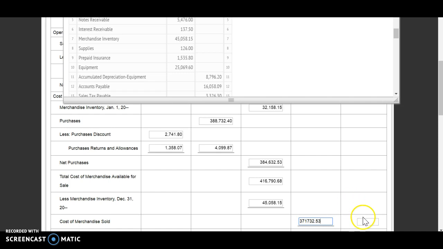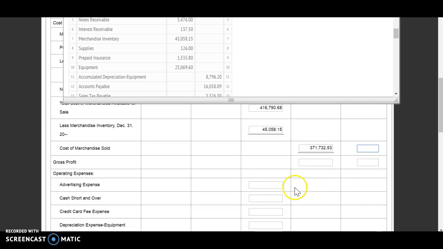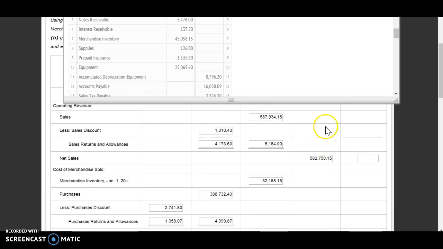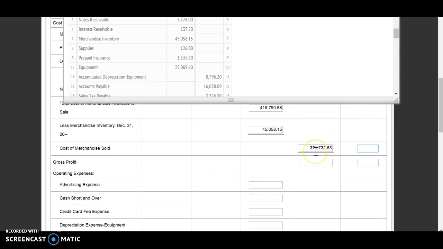$371,732.53. Again, this number I'm going to wait to figure out until I'm done with the rest. Okay, next thing I need to do then is figure out my gross profit. So I'm going to look at my two numbers that I have in my far right column here. I see my net sales, and then I see my cost of merchandise sold.